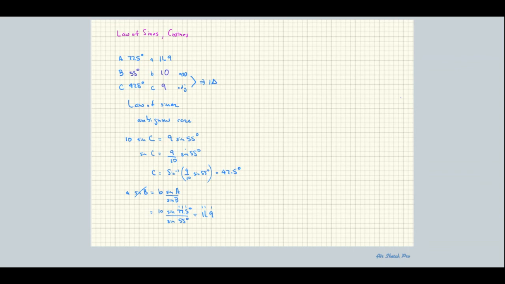But that's good. Now remember my check: small to large, C, B, A. Is that checking with the lengths on the sides? Looks like it to me.